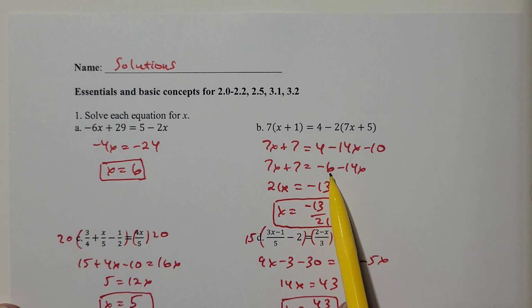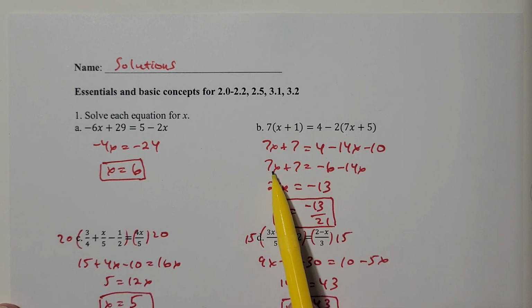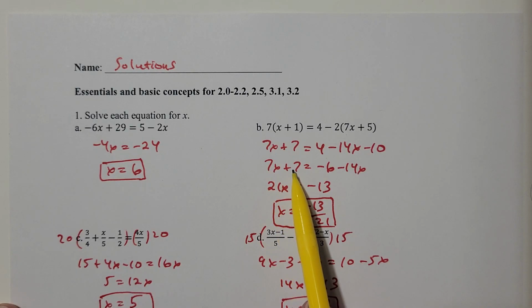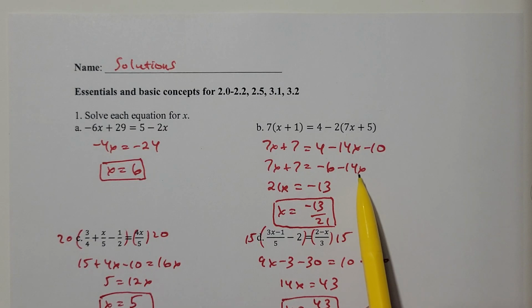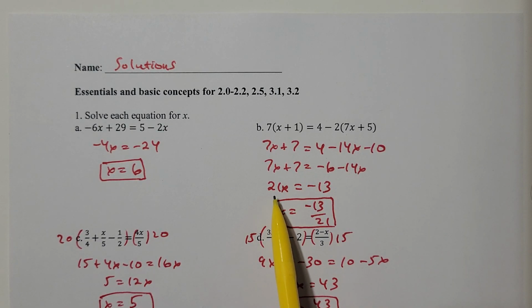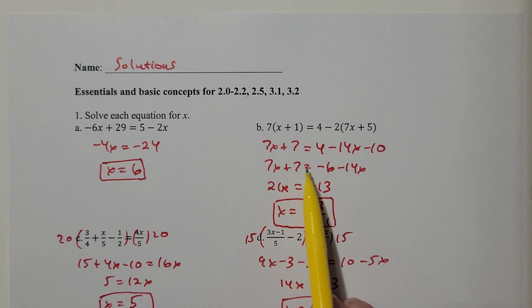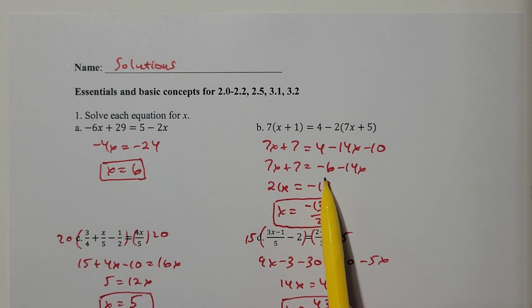Okay, and then let me go ahead and add 14x and then subtract 7 from both sides. Okay, 7x plus 14x will be 21x on the left, and then we're subtracting 7 from both sides. Negative 6 minus 7 is negative 13 on the right.